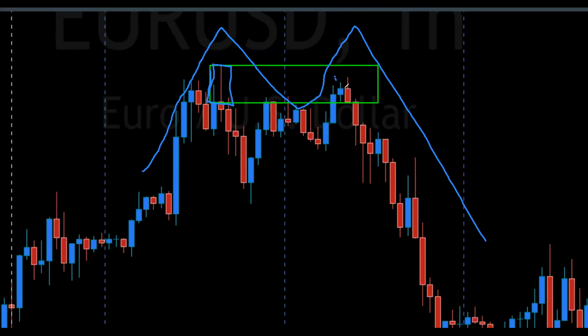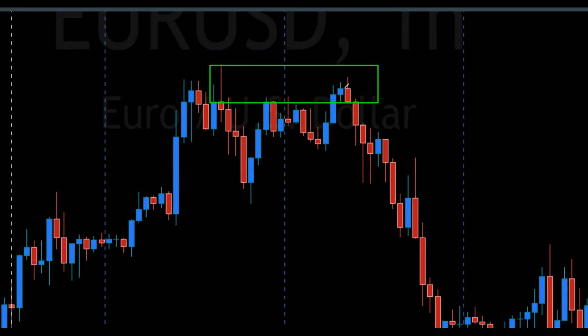The same thing as my example. So when you have the wick rejection, and then it pulls into the wick rejection, it gives you a really good candlestick reversal pattern, and you usually have a good reversal overall on that trend.